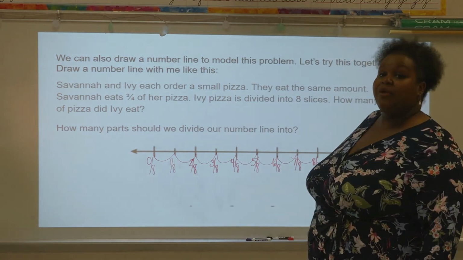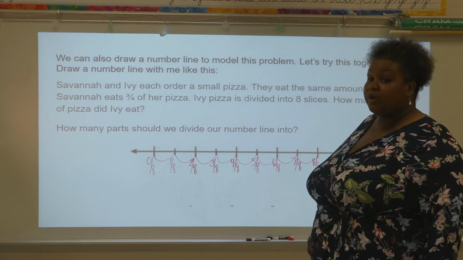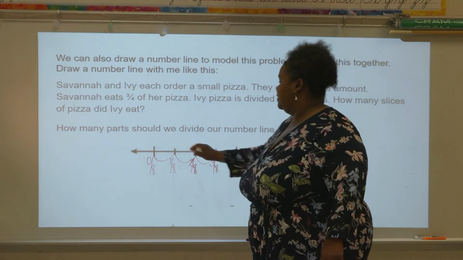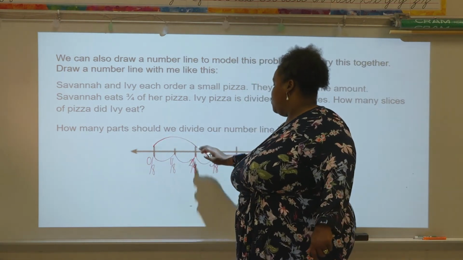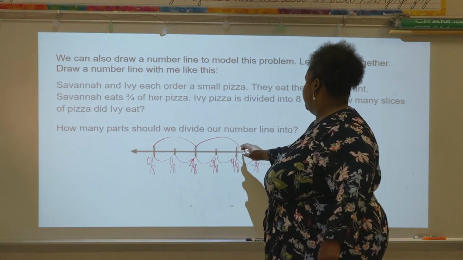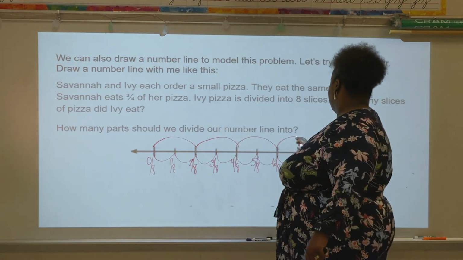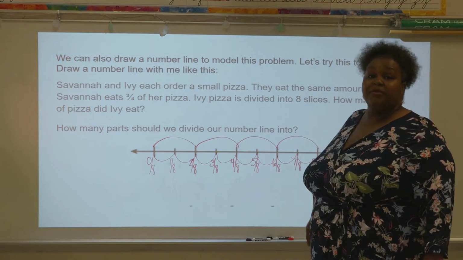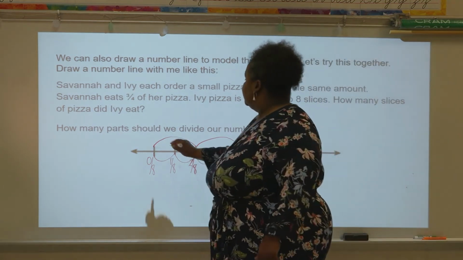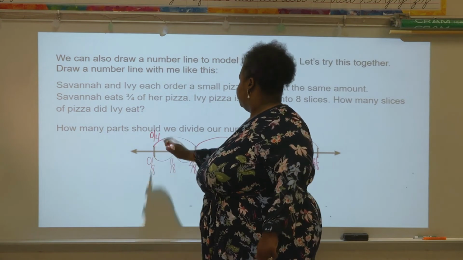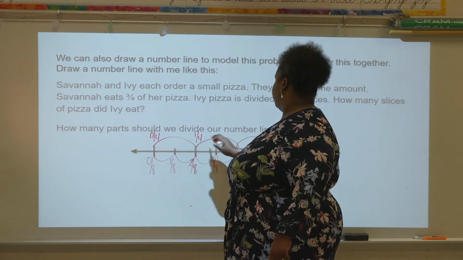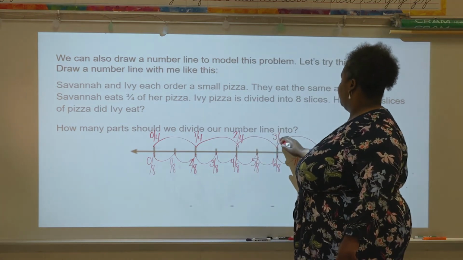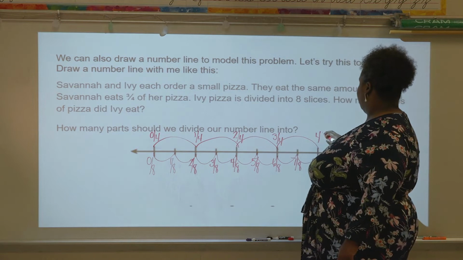Let's do the same with the 4s. I could do this. Let's see. 4 equal pieces. 1, 2, 3, 4. Now I'll number this one 4s. 0 fourth, 1 fourth, 2 fourth, 3 fourth, and 4 fourth.